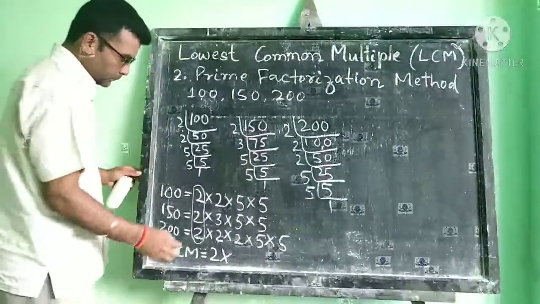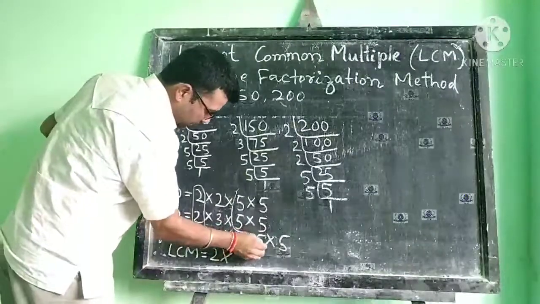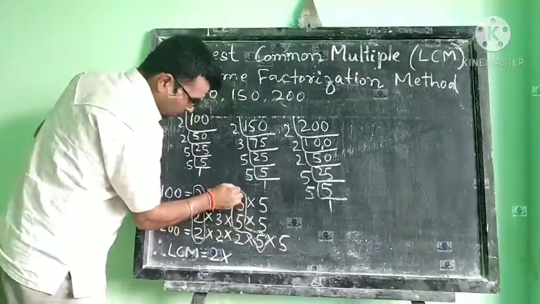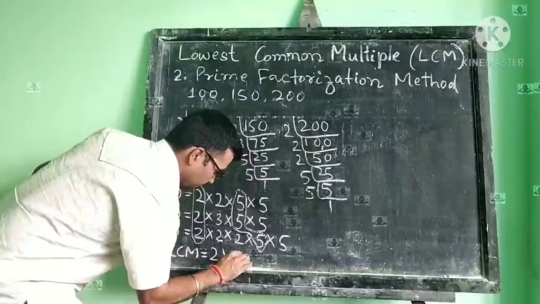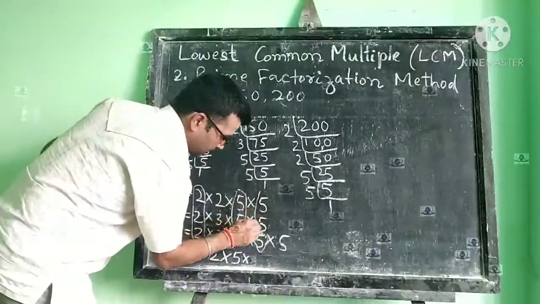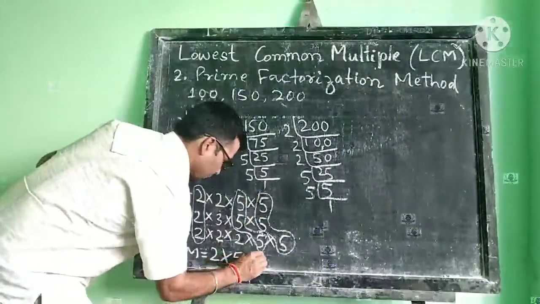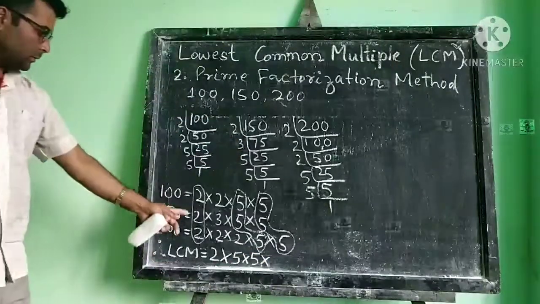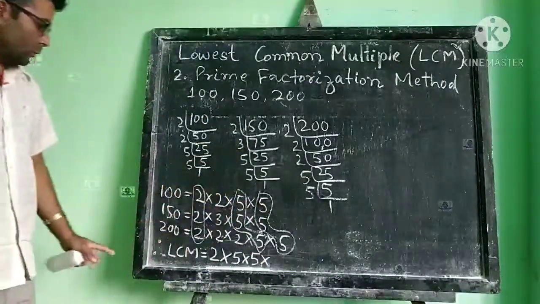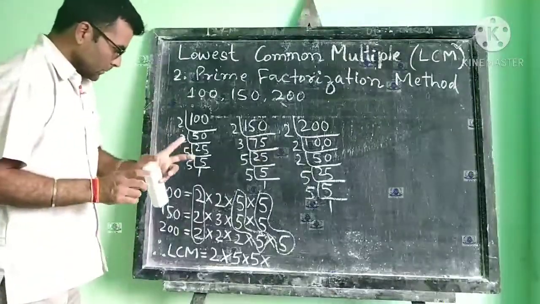Now another common in all, this 5. So this 5 is also common, so only one 5 you can write. Next, this 5 is also common in all. So we have found common in all first. Now, after completing common in all, we have to choose common in two numbers only.